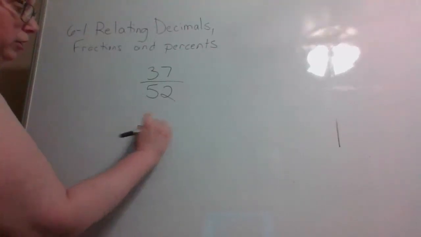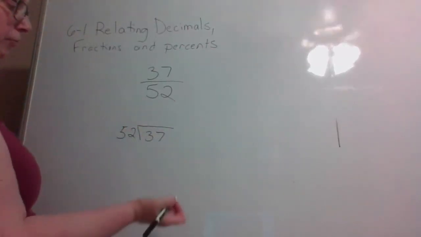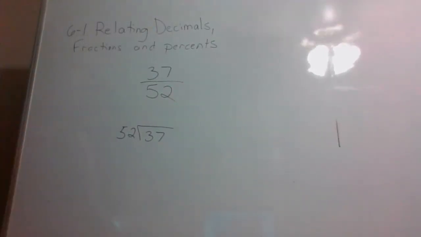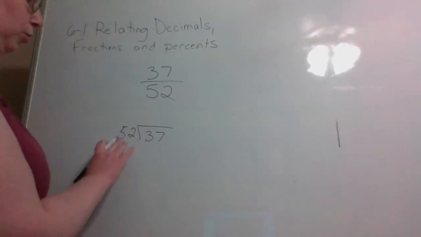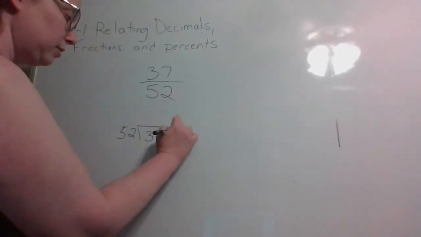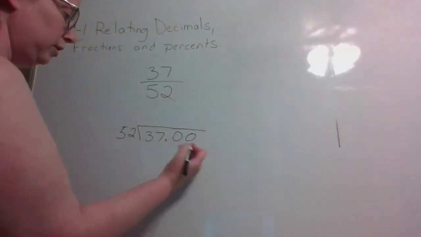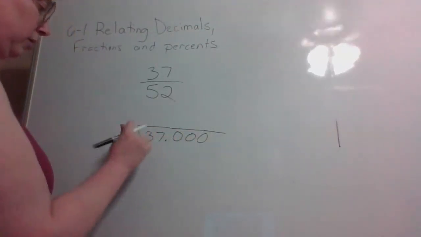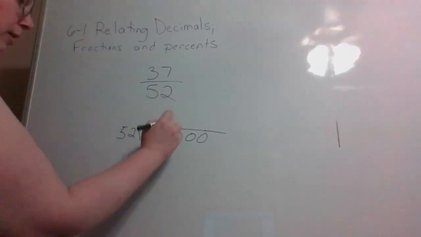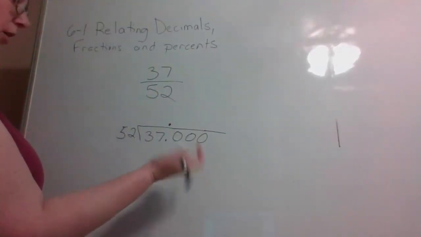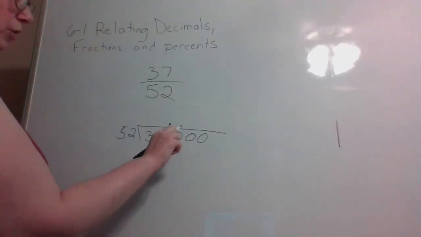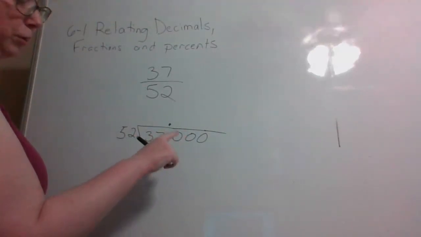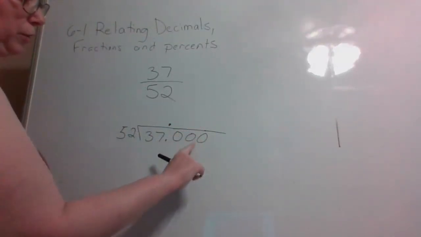And remember that we're trying to go eventually into a percentage here. So when you divide this, you're going to need some zeros. This is going to be a decimal when we get our answer here. So remember that then you would move your decimal place to the right 2 places. So you'd move it over here. It would be here now.